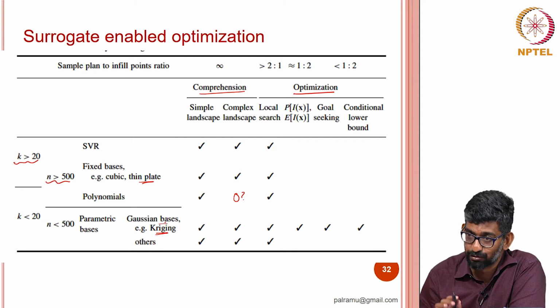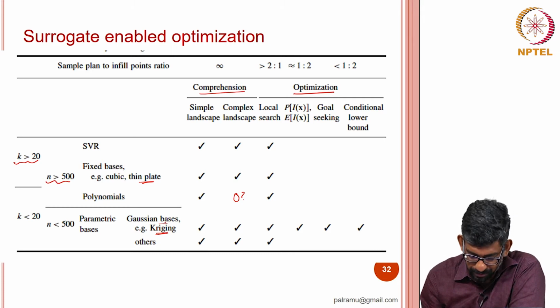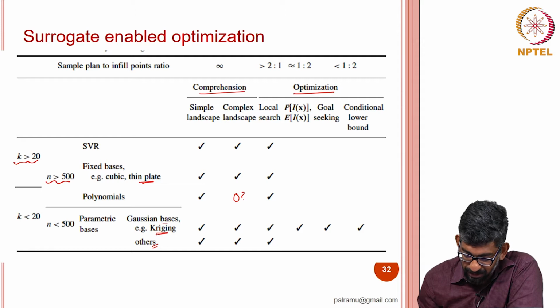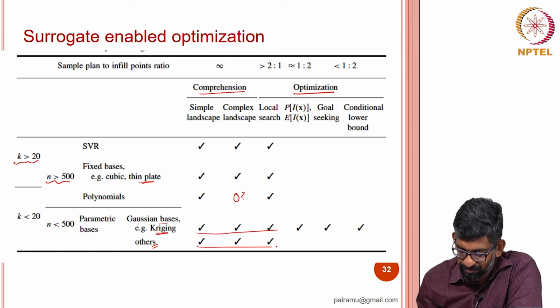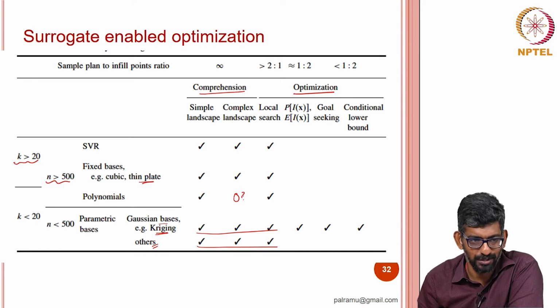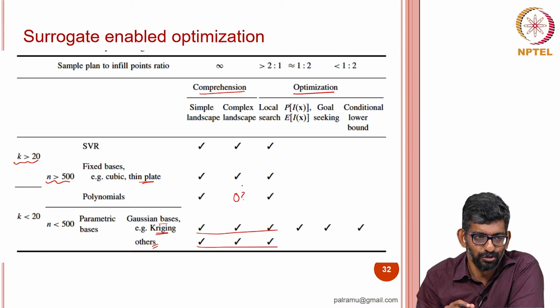There could be mixed Gaussian process and other approaches also. They all can handle all three of these comfortably. People who like polynomials might jump on us, but usually polynomials get choked in a few dimensions.